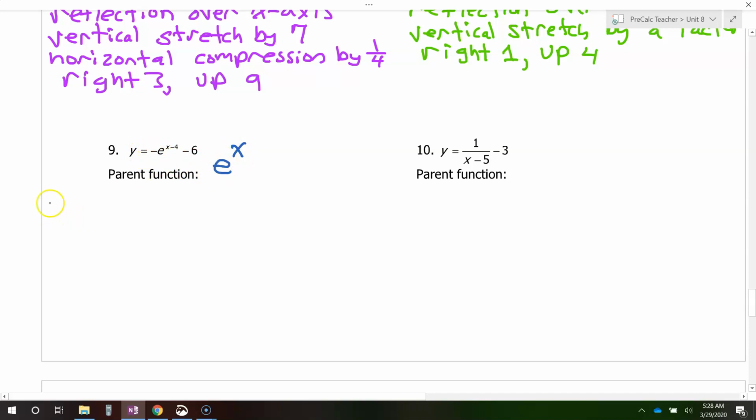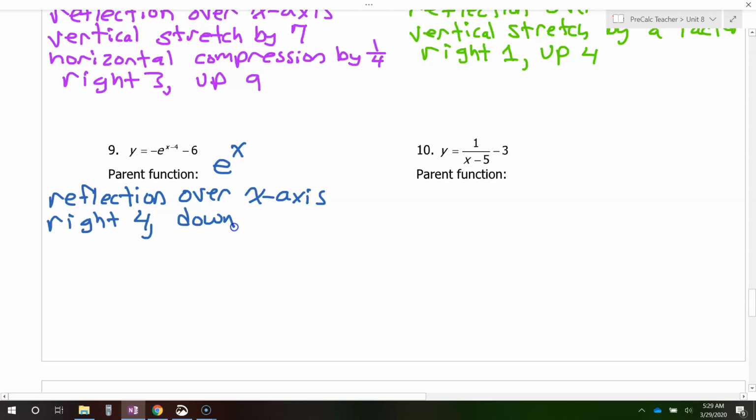The negative sign in the very front is going to be a reflection over the x-axis. All right, this minus 4, that's a left-right number. So that's going to be to the right 4. And then the minus 6 is down 6.